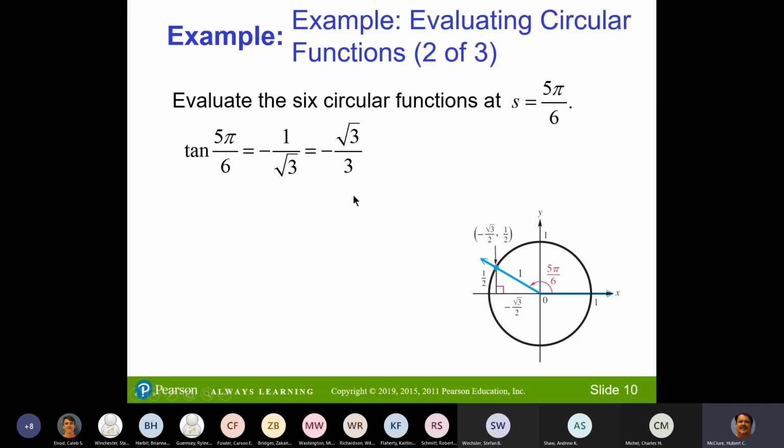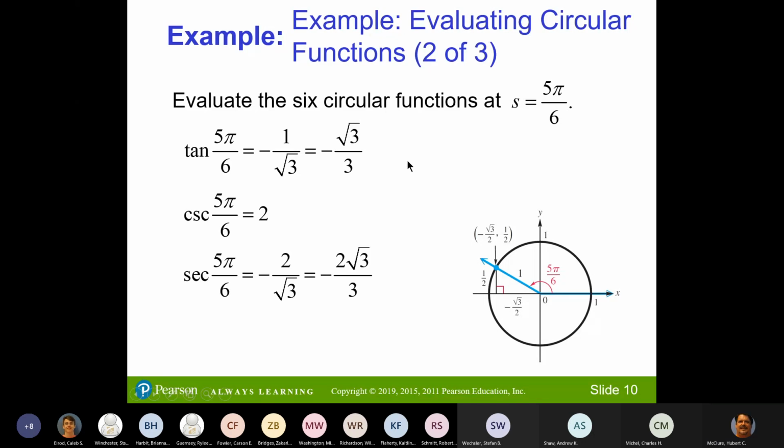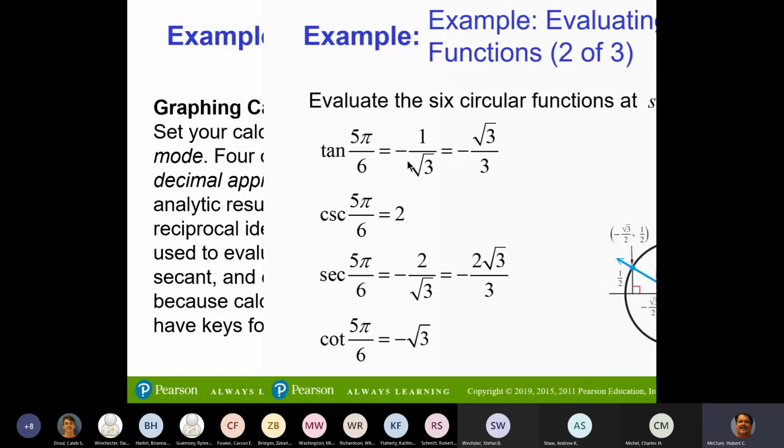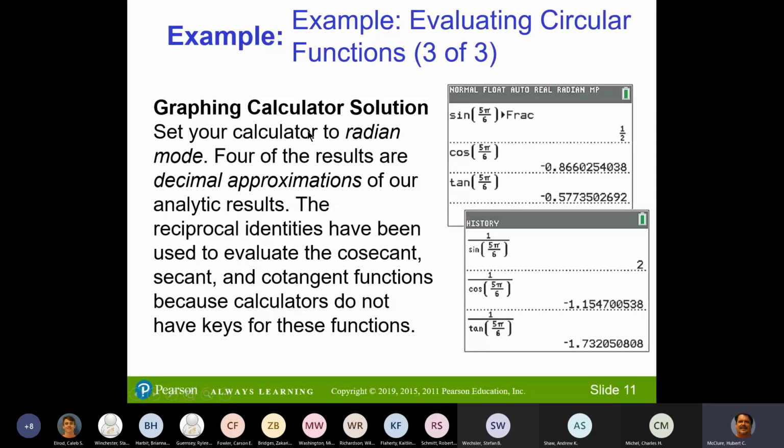They're still doing the tangent, but you really don't need the tangent with the unit circle. On the graphing calculator, set your calculator to radians, and you can actually type in sine of 5 pi over 6, and you can turn it to a fraction like that, or you can have a decimal.